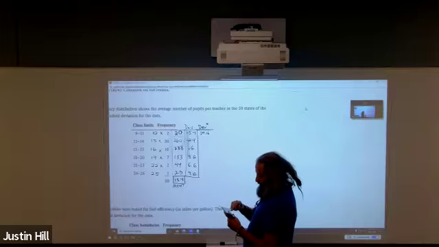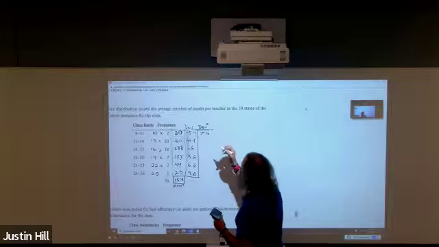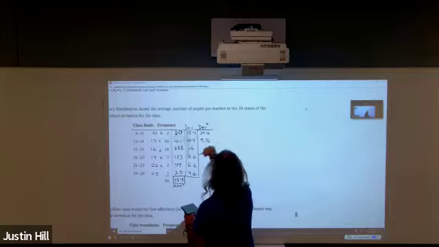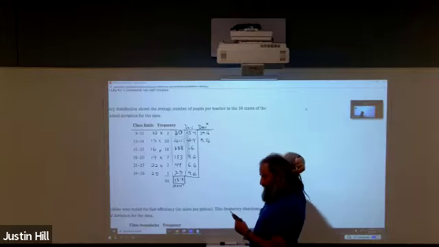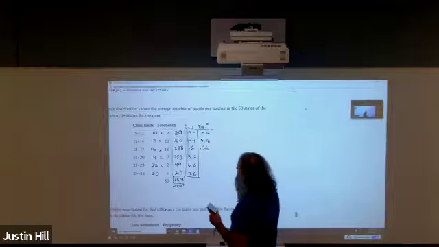Second one, negative 2.4 squared is 5.76. Then 0.6 squared, I can tell you automatically that's 0.36.